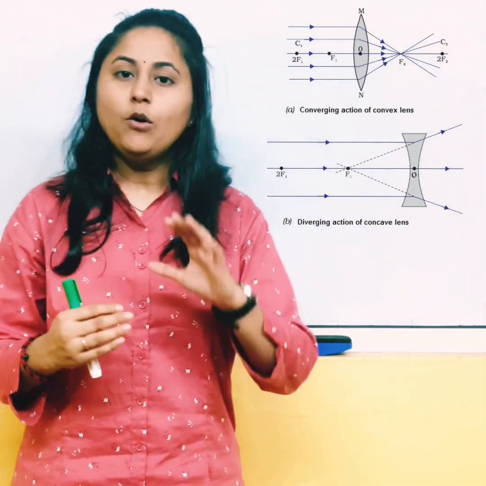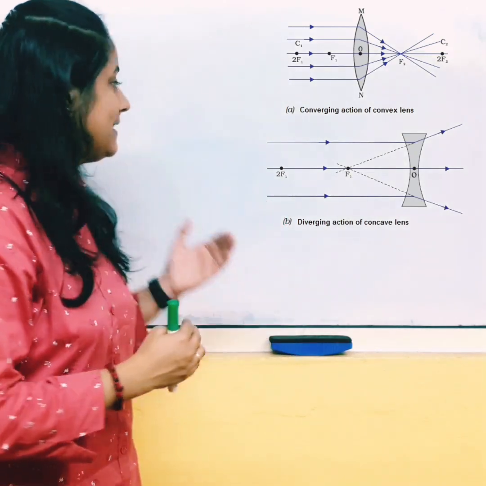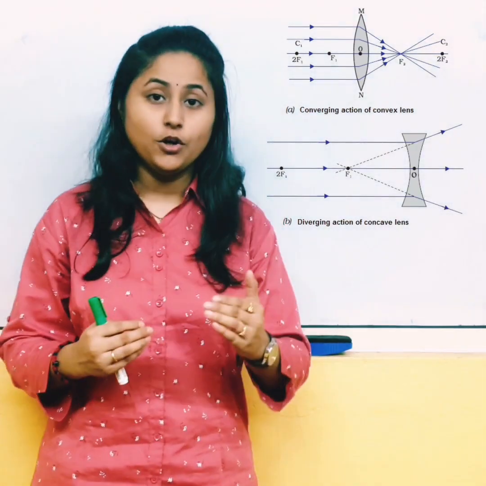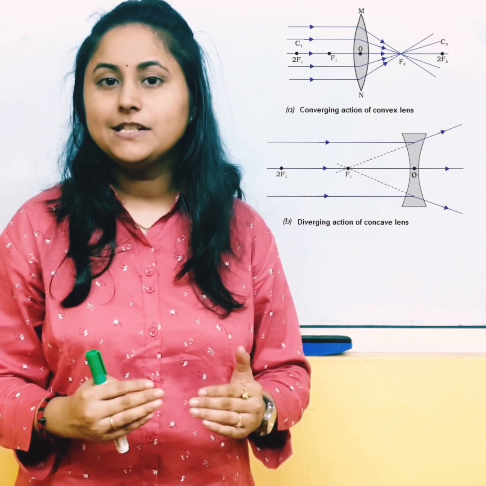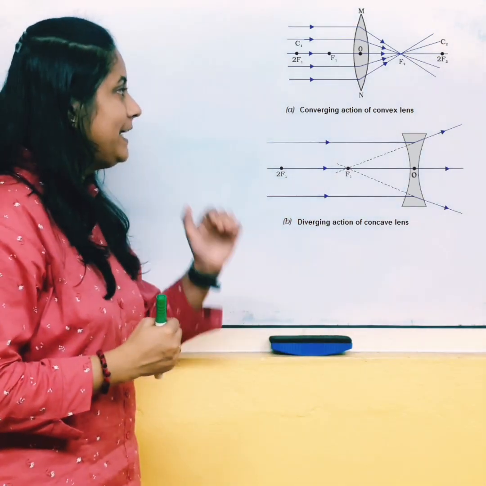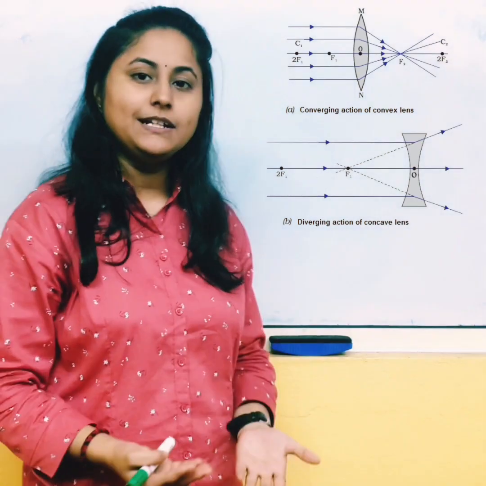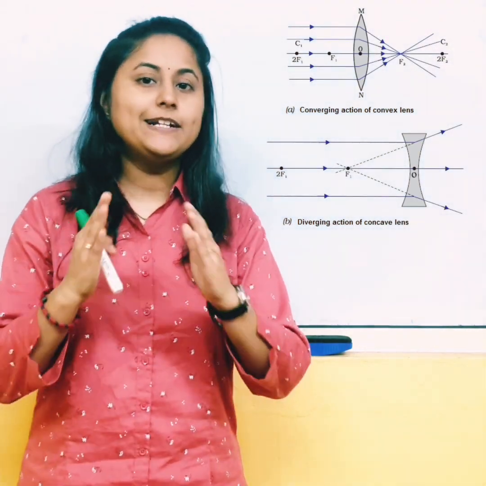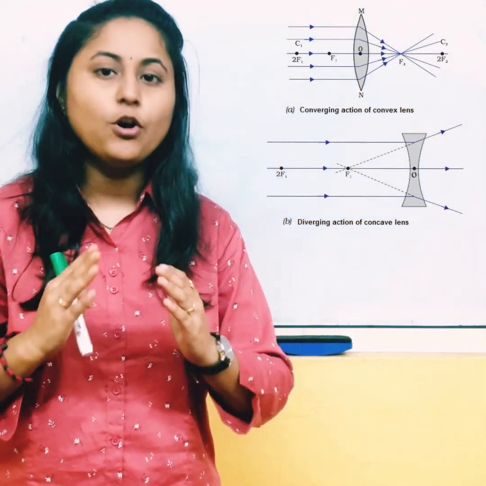A convex lens is also known as a converging lens because it converges the light rays which fall on it, and a concave lens is also known as a diverging lens because it will diverge the light rays which fall on it.